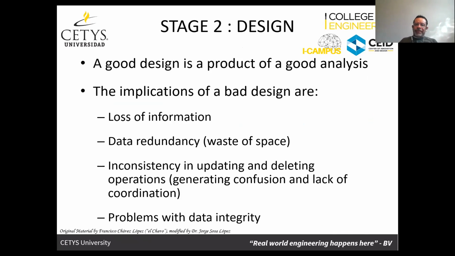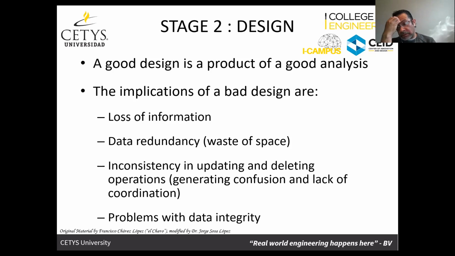And so the implications of a bad design is that there are many implications. We could lose information. There could be redundancy of the data, which wastes space. Something very important that has to do with inconsistency. We want consistency and reliability of the data. So updating, deleting or removing data or records, any of these operations can generate inconsistency.